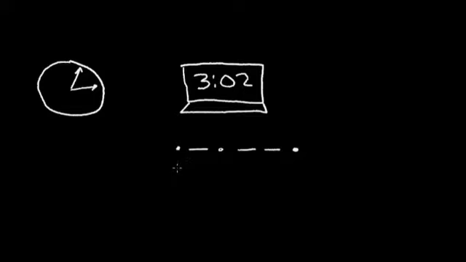The digital computer uses, instead of dots and dashes, zeros and ones. For example, this dot may correspond to a 0, this dash to a 1, 0, 1, 1, 0. But what does this mean electrically, a 0 and a 1?